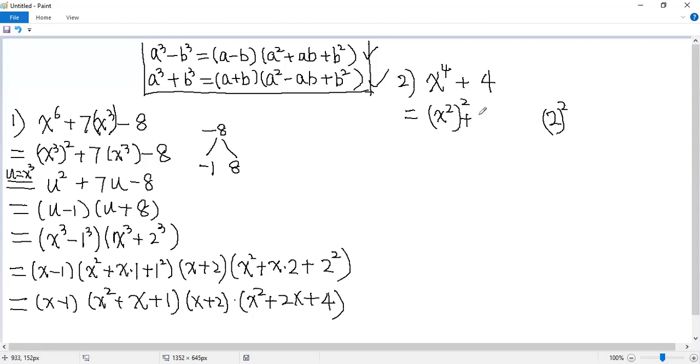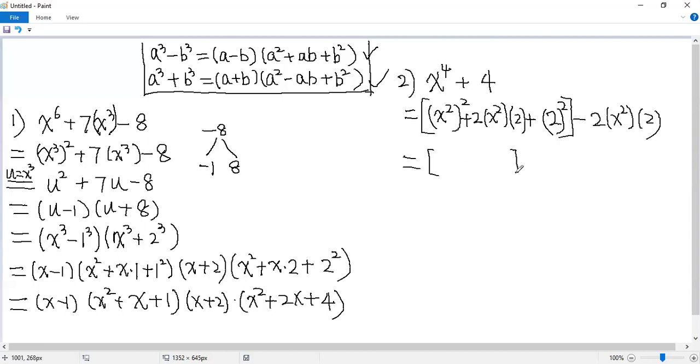So add 2 times x squared times 2. Then you need to minus the same term to balance.